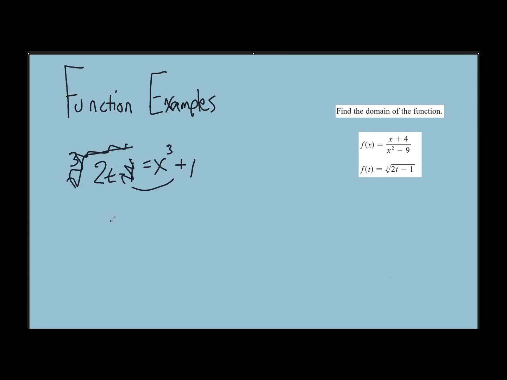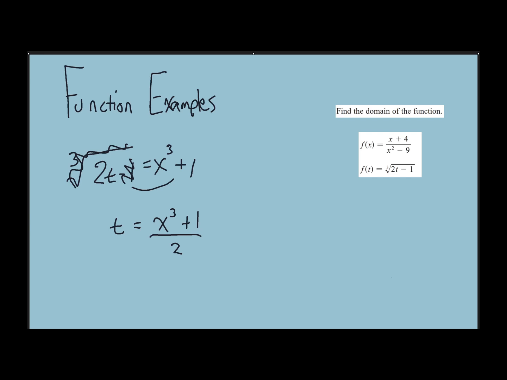So we're going to get t is equal to x cubed plus 1 over 2. I can't think of a scenario where t would create some problem. Any number can be cubed, so this domain is actually going to be all real numbers. There's nothing wrong with this function at all.